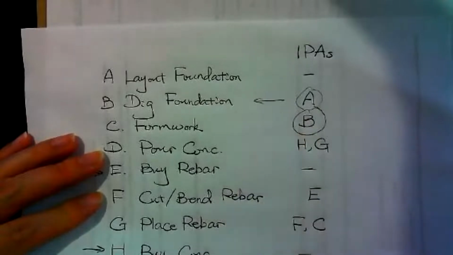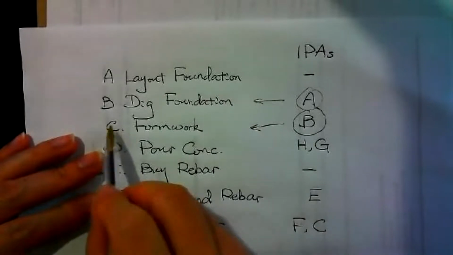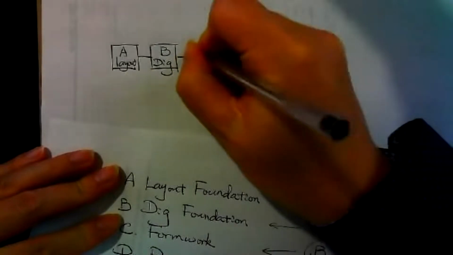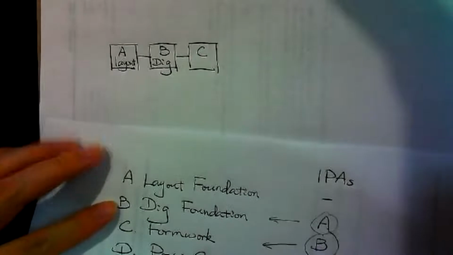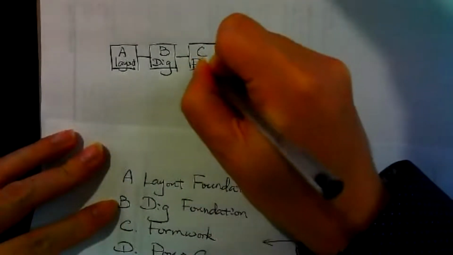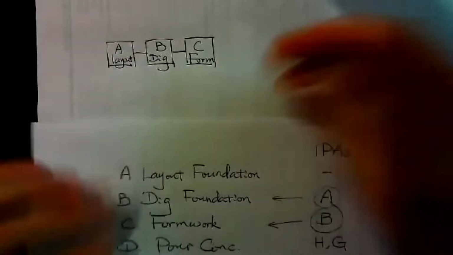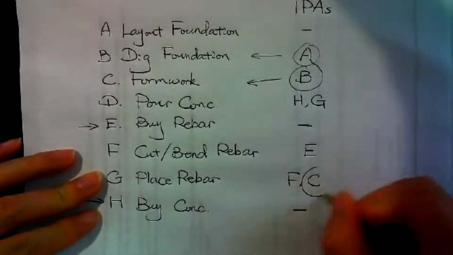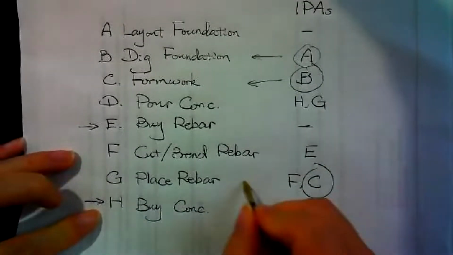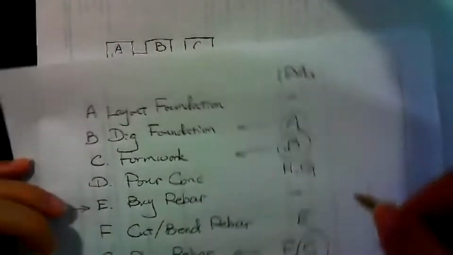B is over here. Then you find B, that's C. So C is following B. So over here, following B, we have C. C is formwork. Now C is end. Then we find from the table which one following C. This one following C. This is place rebar. So next one is G.